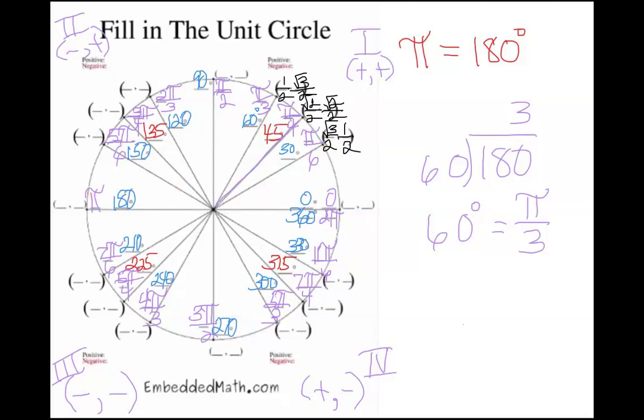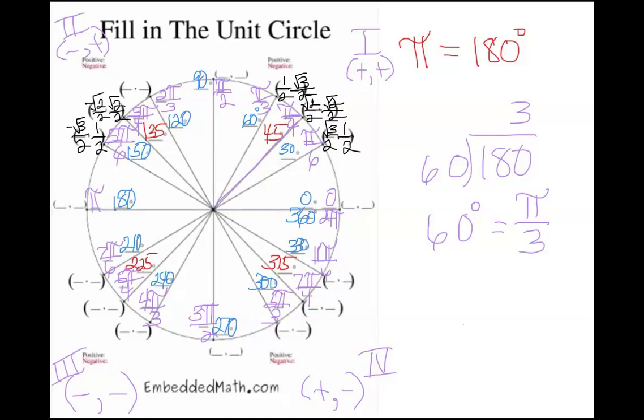So this is negative square root of 3 over 2, still positive 1/2 since y is positive. For 45, we've got square root of 2 over 2 for both x and y, but since x is negative in the second quadrant, x is negative square root of 2 over 2, and y is positive square root of 2 over 2.